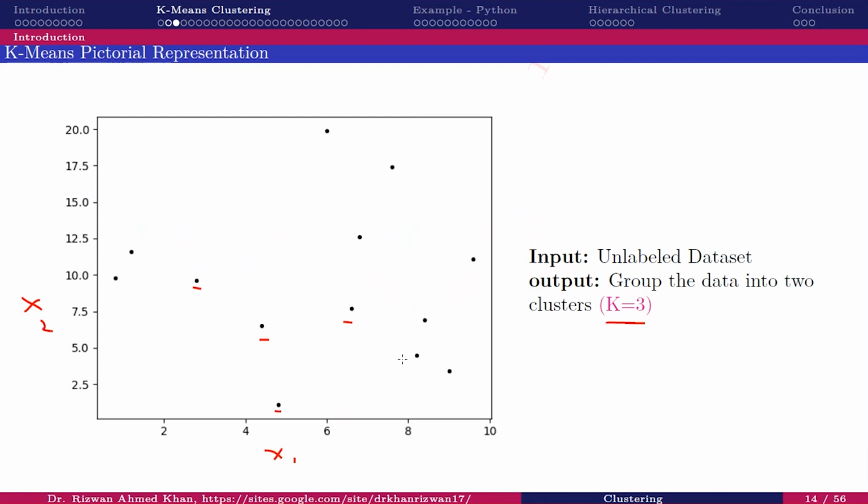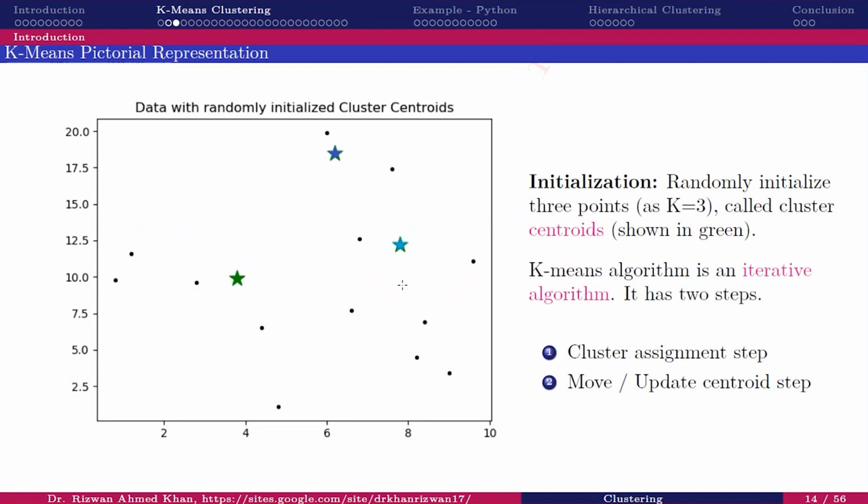Initially I will show a pictorial representation, because visually it is much easier and more intuitive to understand the K-means algorithm, and then we'll see how the algorithm works. The first step is to randomly initialize 3 points, because we already know that the number of clusters is 3, and these 3 points correspond to cluster centroids, or cluster means.